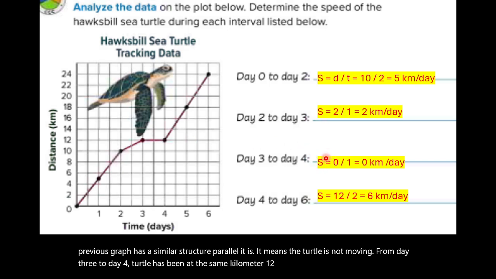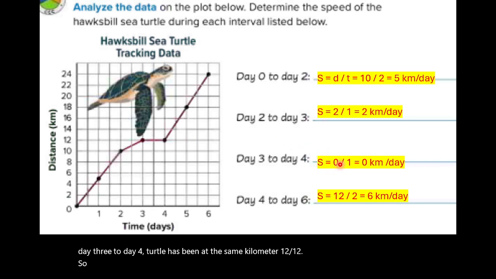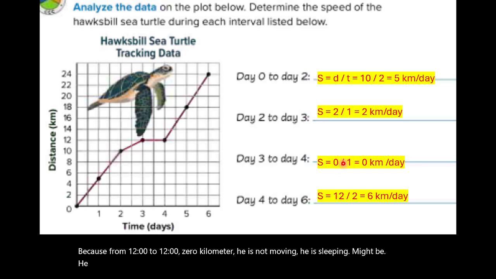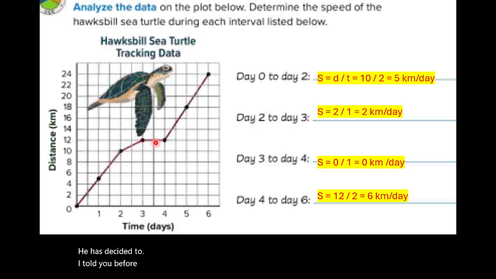So the distance is 0 kilometers, because from 12 to 12 is 0 kilometers. He is not moving, he is sleeping, might be. I told you before that anything like this means the object is not moving, stationary.